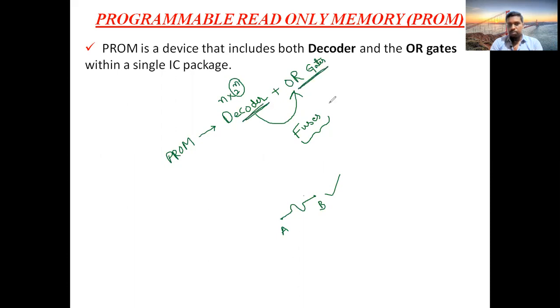So remember that PROM is the combination of a decoder plus OR gates within a single IC package. Within a single IC, both the decoder and OR gates are fabricated, and that particular circuit is called a PROM circuit. Clear?